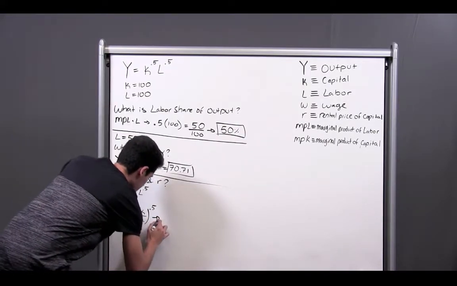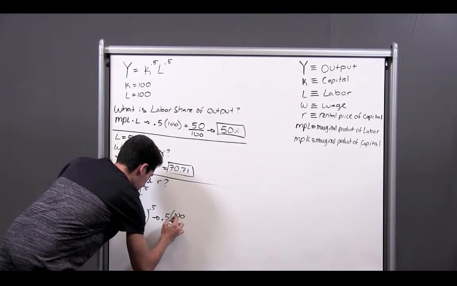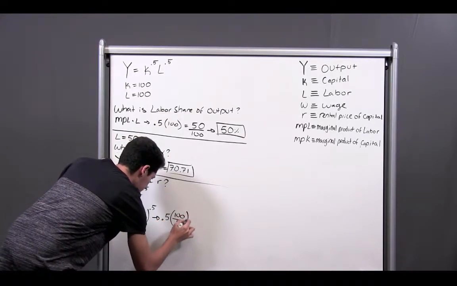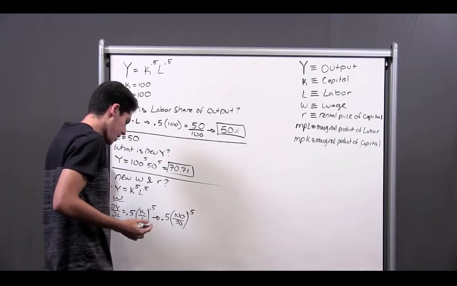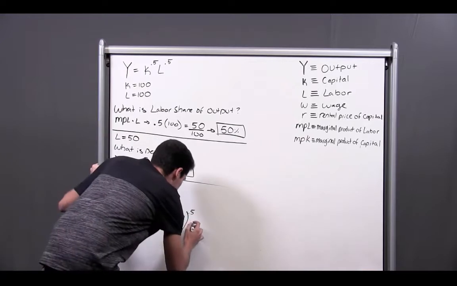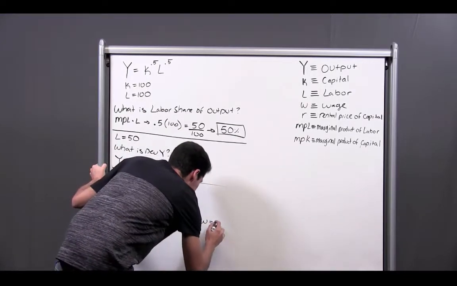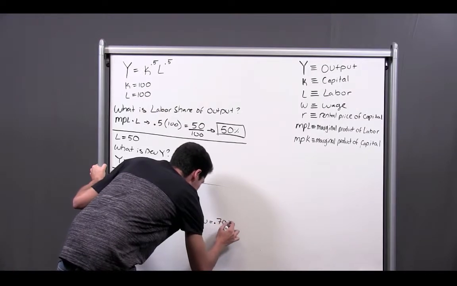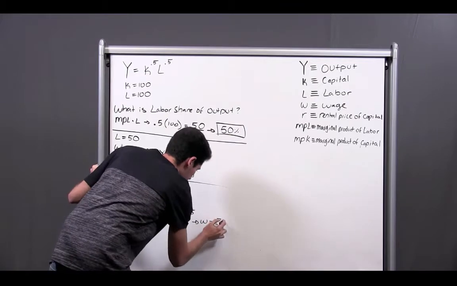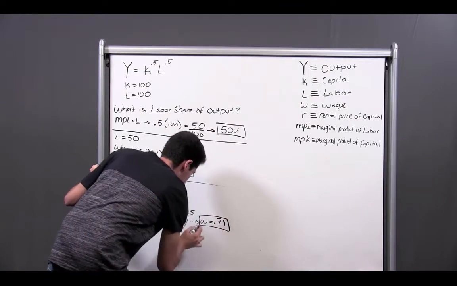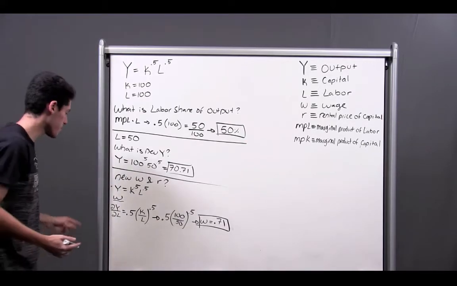And then we can plug in our values. Capital stays at 100, labor is now 50. And we'll find that in this scenario, the new wage should equal 0.707. We'll just round that up to 0.71, and boom, right there, we've got our new wage in this new scenario where labor has been reduced.